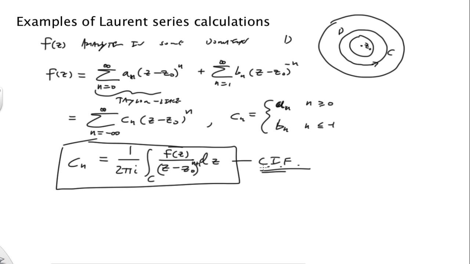Okay, so first let's talk about a really basic example. Let's say I have f of z is equal to 1 over z. First of all, I can rewrite this as 1 over z minus 0, so I can think of z naught as now being 0.